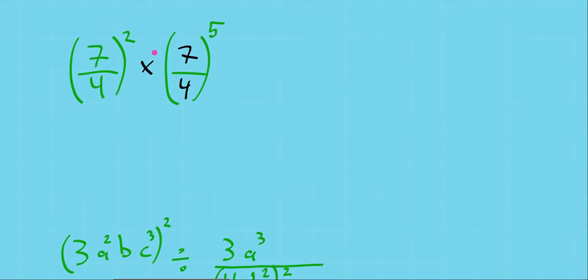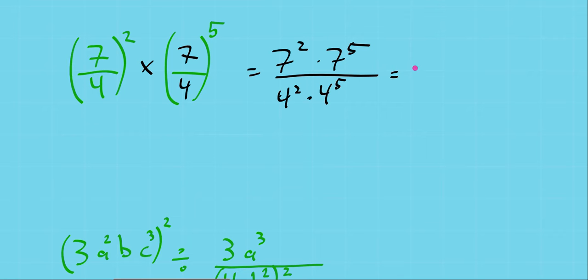So now I've got 7 squared times 7 to the 5th on the top, and 4 squared times 4 to the 5th on the bottom. That's 7 to the 2 plus 5, which is 7 to the 7.